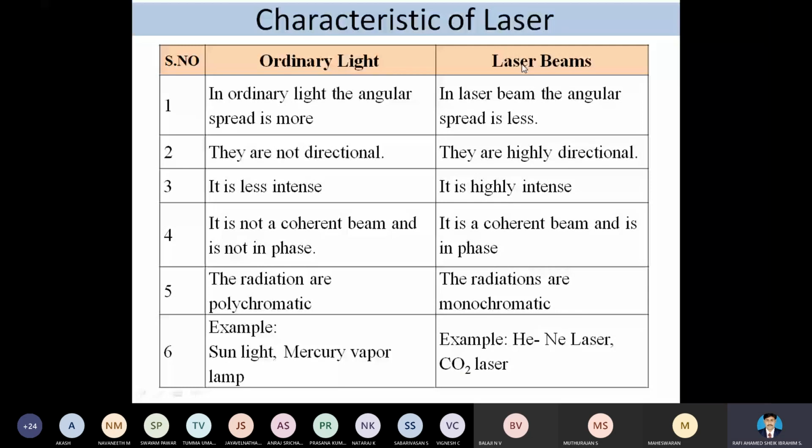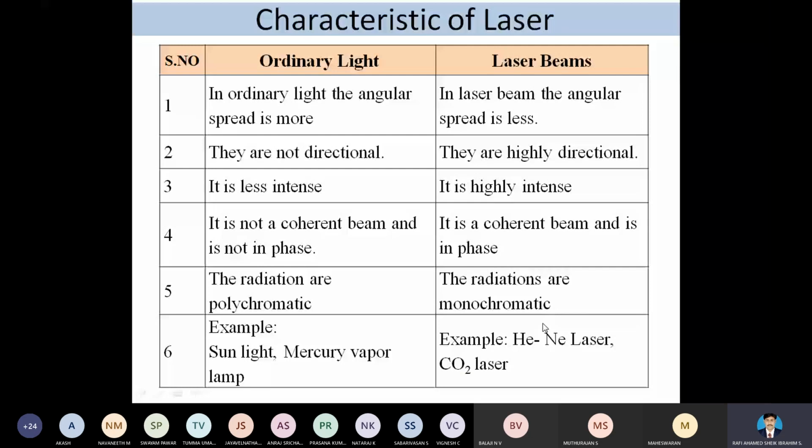For a laser beam, examples include the solid state laser, liquid laser, dye laser, semiconductor laser, and molecular gas laser.